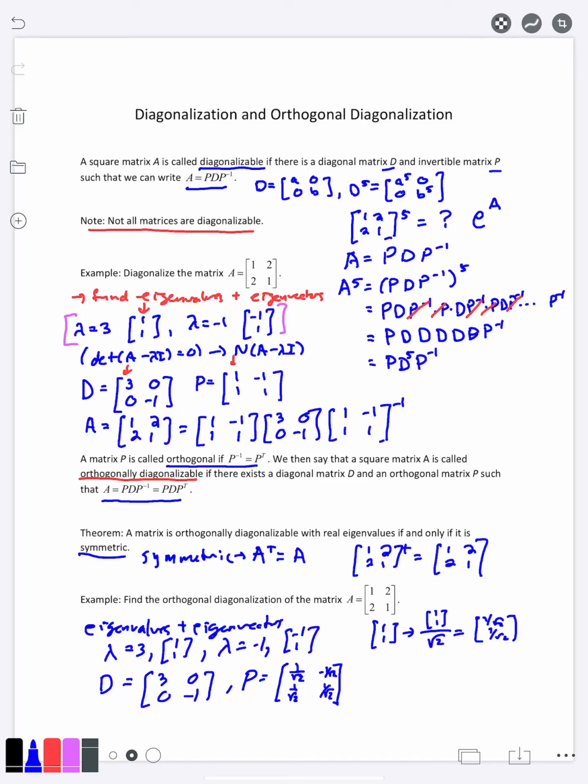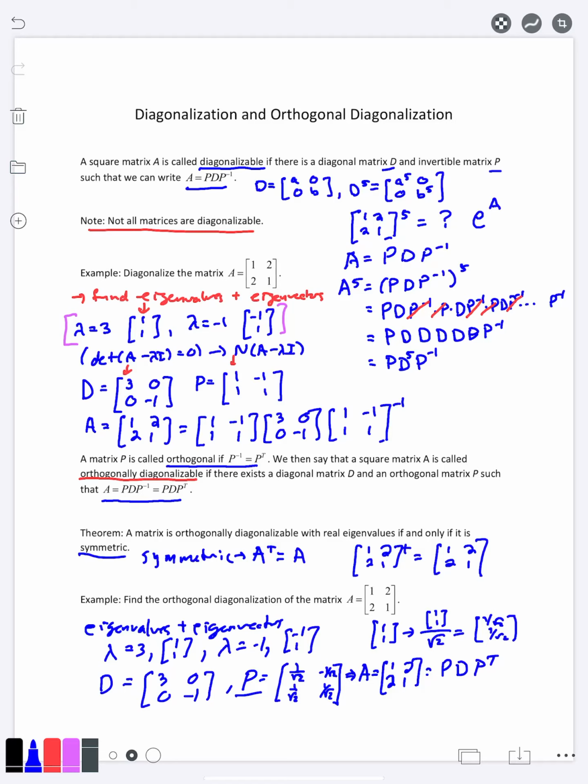And then you can double check that this is in fact an orthogonal matrix P. And if that's the case, then you can write your matrix A as P, D, P transpose. And this would be the orthogonal diagonalization for this matrix.